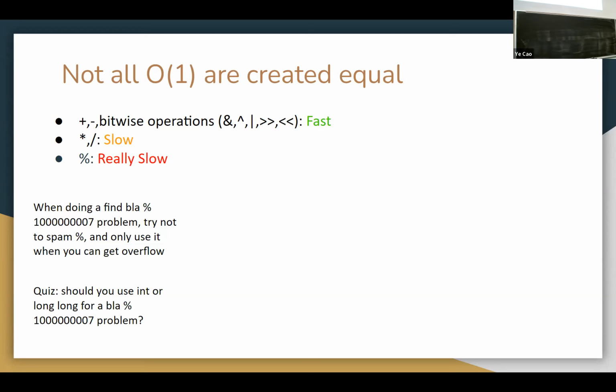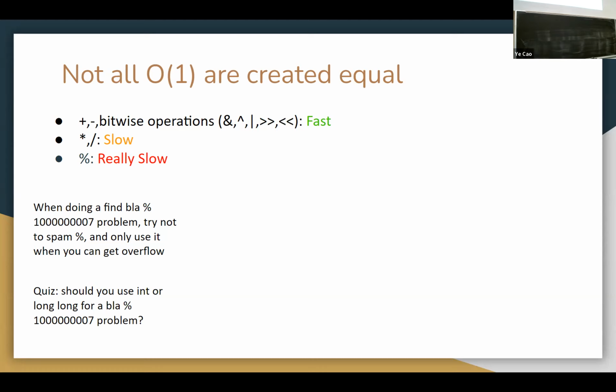Why? Although all of your answers are going to be less than 10 to the 9 plus 7, in the process of your computation, for example, when you want to multiply two things together, this will definitely overflow int, but it will not overflow a long long.